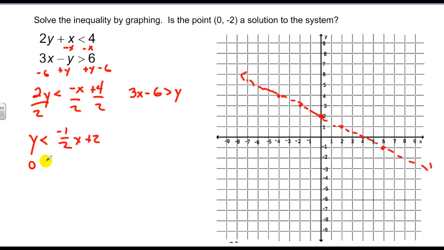I've got 0 less than 2. That's true. Then on the next equation, I will go down to negative 6, go up 3 over 1, and I will dot that as well.